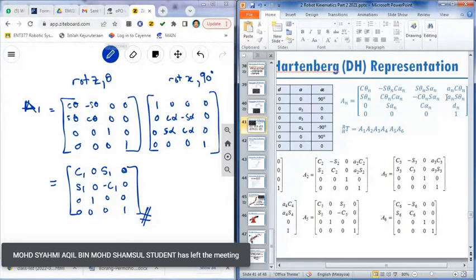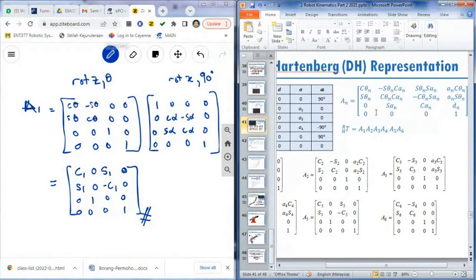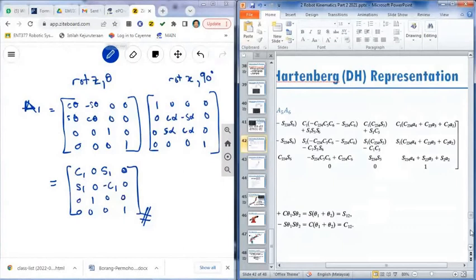This is your position, X, Y, and Z, and this is your rotation matrix. So you know the orientation of your gripper or end tool, and you know the position of your end tool referred to your world frame, your world reference frame, which is your robot base.